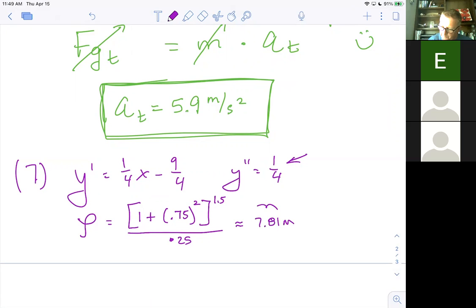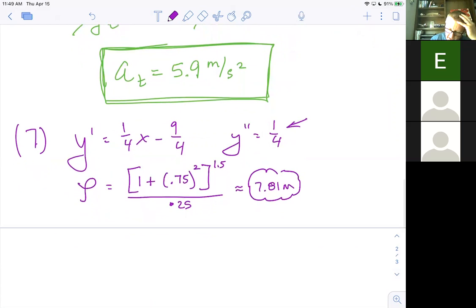That's kind of cool. So I know my radius, which means now I can figure out the normal acceleration, because it is equal to the velocity squared divided by rho. We know now that rho is 7.81, and we were given our velocity of 8.